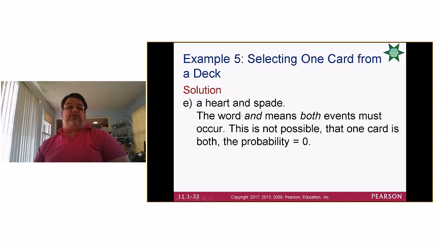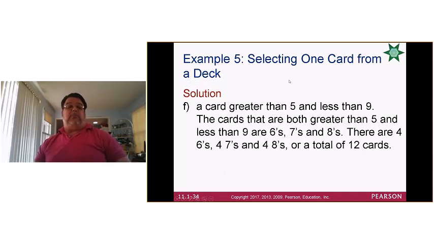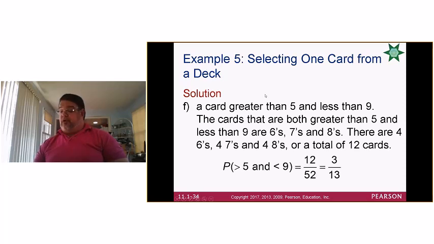A heart and a spade: the word and means both events must occur. This is not possible. Remember us doing the probability of a 7 on a die? That's the same type of question. You can't have a 7 on one die. A card greater than 5 and less than 9 is 12 over 52. Okay.